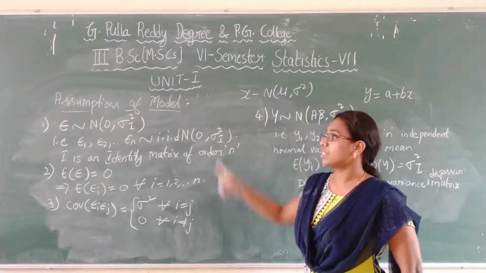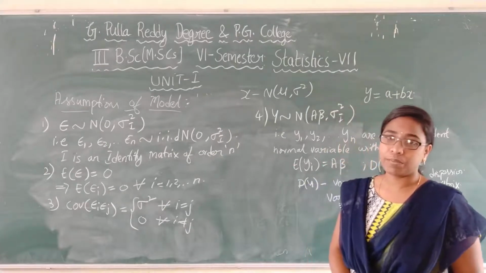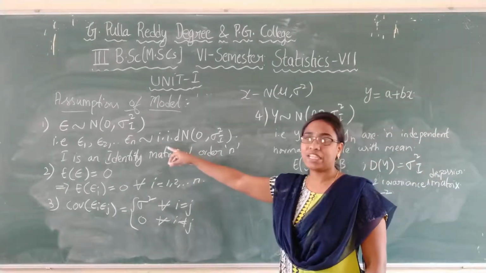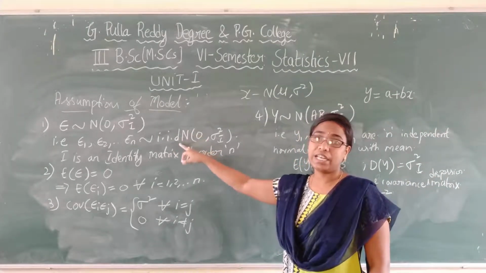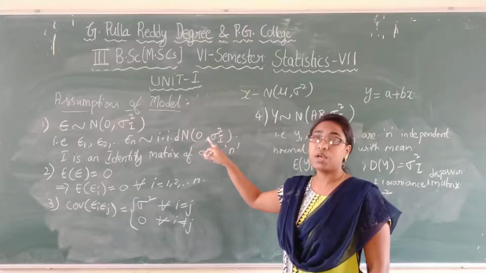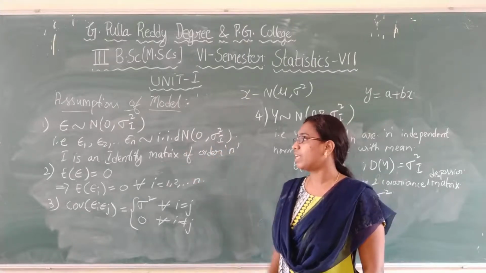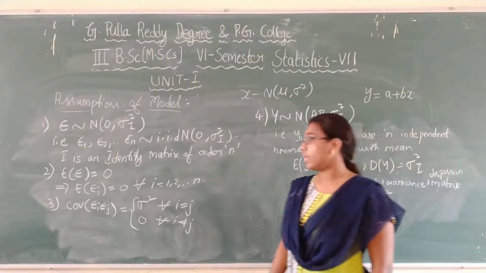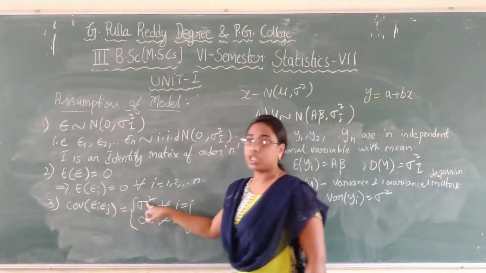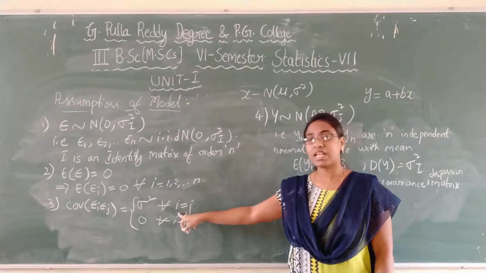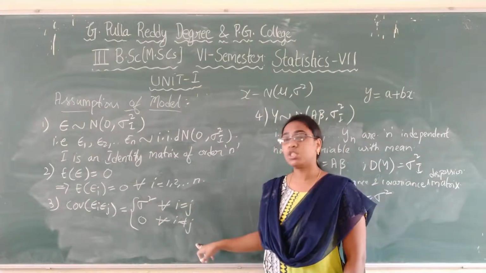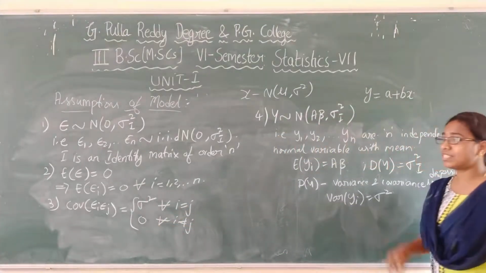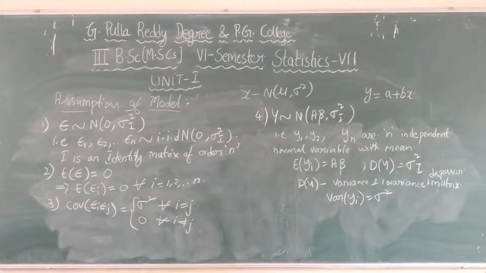First, the error follows the normal distribution with mean 0 and variance sigma square I. So all the error vector values are identically independent normal variables with mean 0, that is expectation of ei equals 0 for all i equals 1 to n, and covariance of ei ej equals sigma square for the identical terms, that is i equals j. If i not equals j, then covariance of ei ej equals 0. Covariance 0 means the variables are independent.